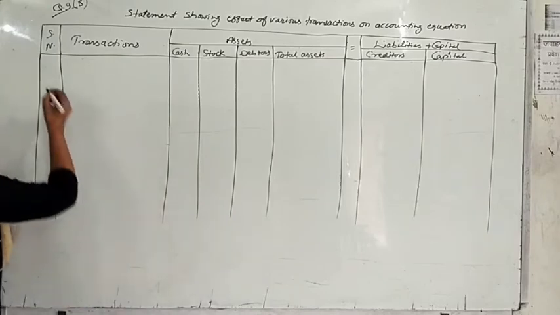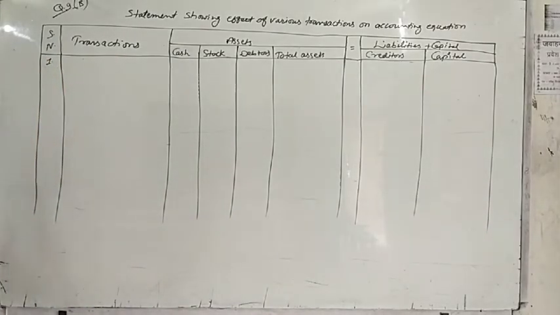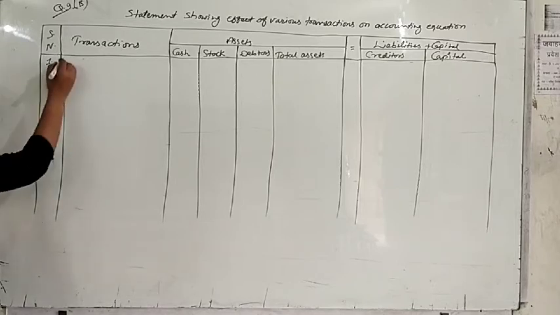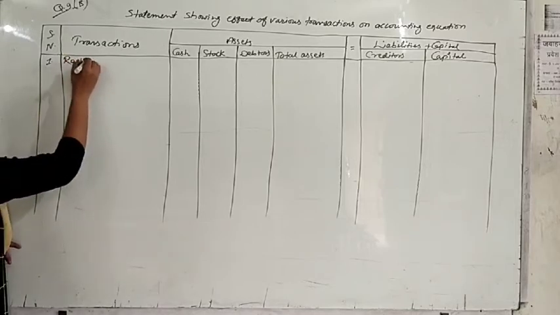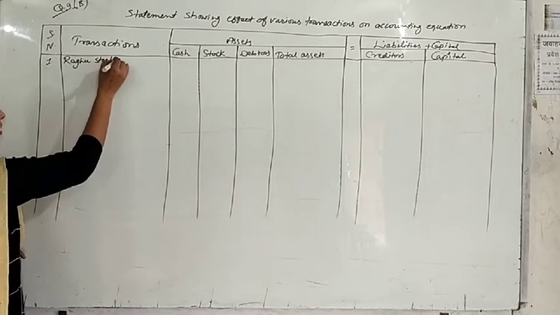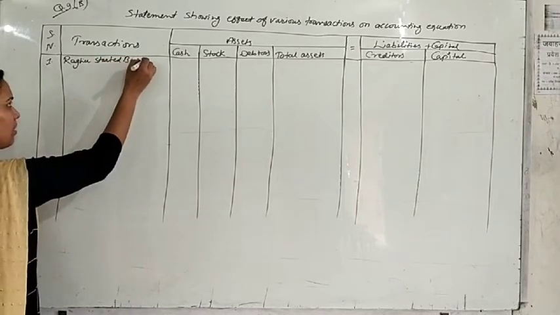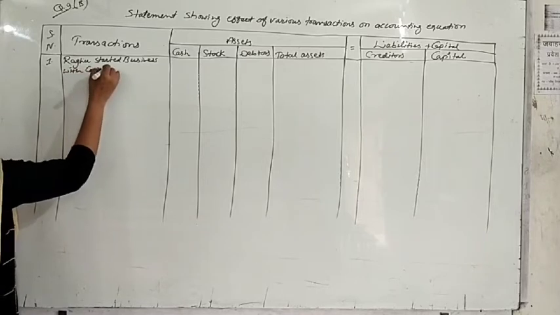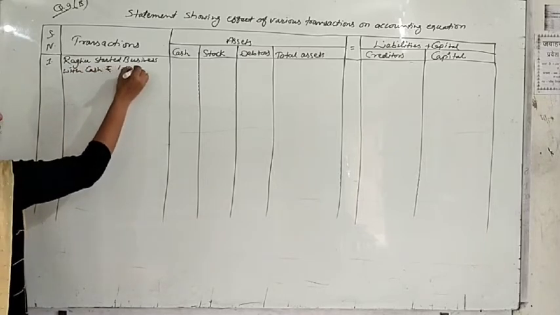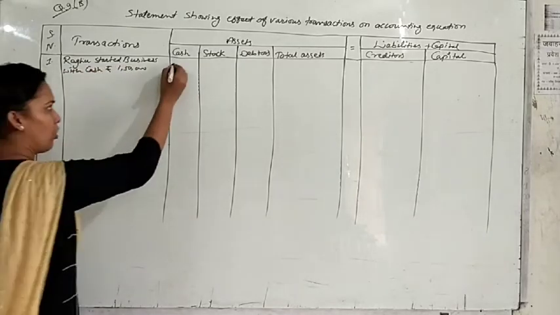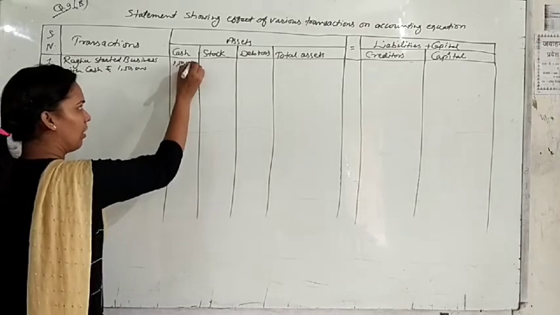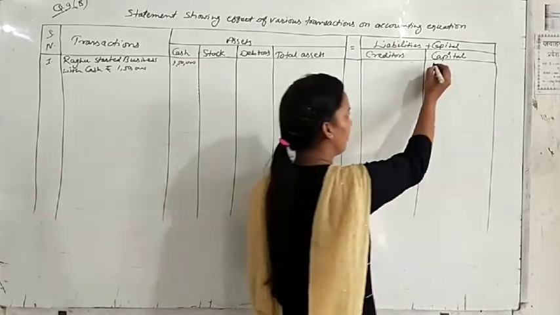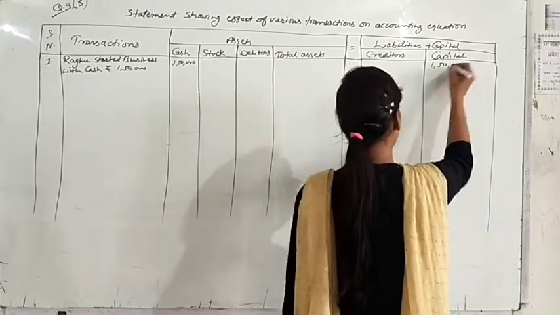So let's start with the first transaction. Raghu started business with cash rupees 1,50,000. So it will increase your cash and capital by 1,50,000.